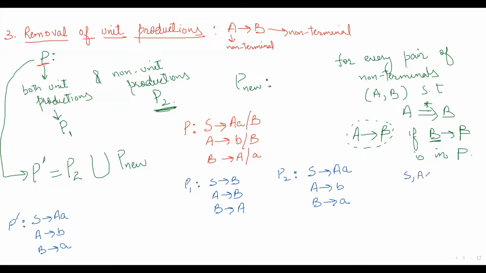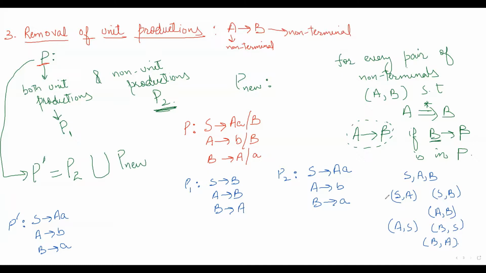Three: S, A, and B. So one pair is SA, another pair is SB, another pair is AB. You have to write the repeated ones as well, meaning in reverse: AS, BS, and BA.